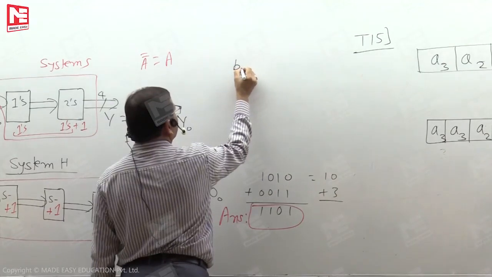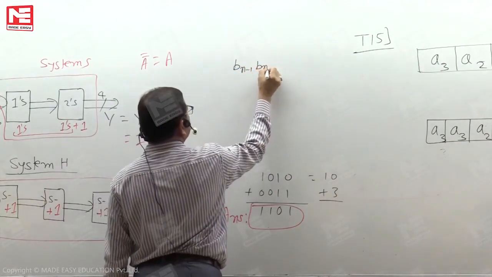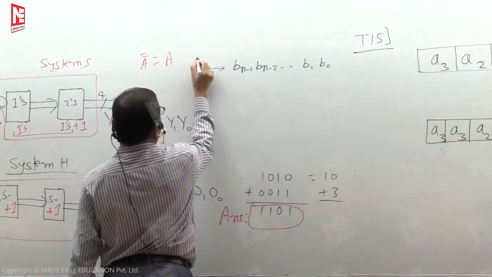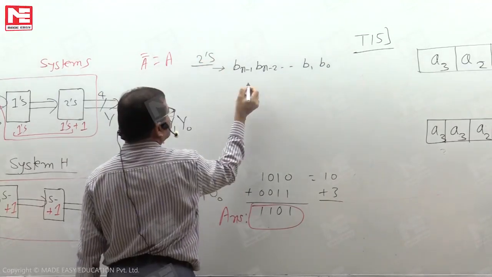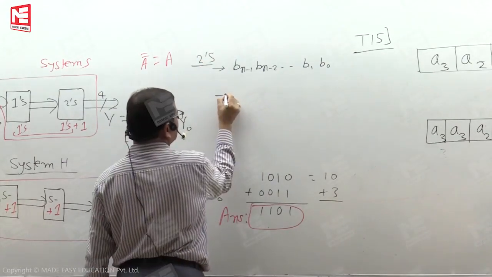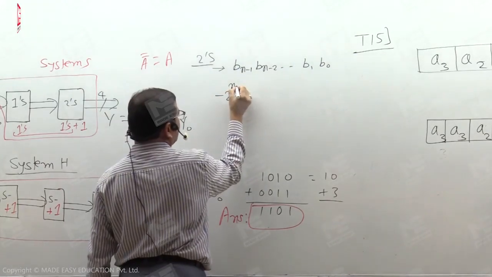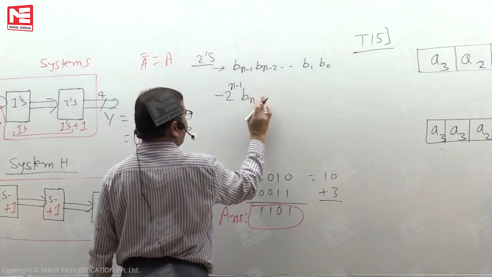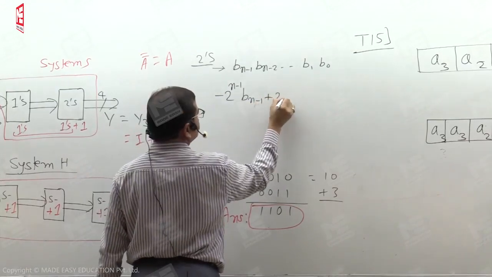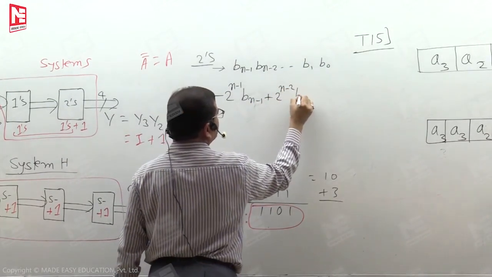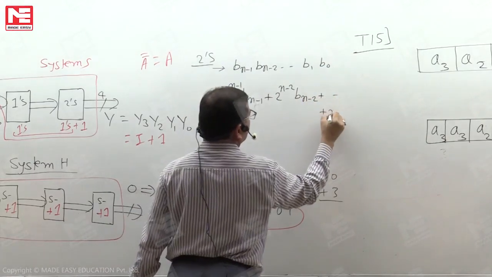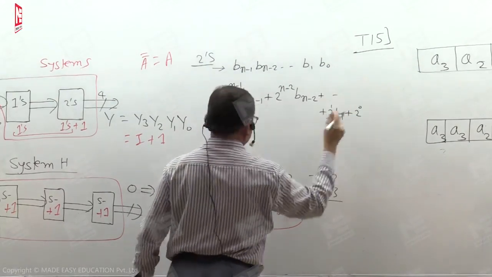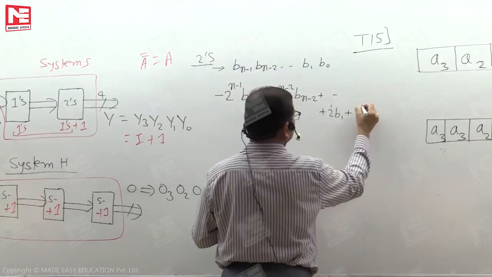When I have a number with n bits, b(n-1), b(n-2), and so on, b1, b0, and this number is in the 2's complement form, its equivalent decimal value is given by minus 2 to the power of n-1 times b(n-1), plus 2 to the power of n-2 times b(n-2), and so on, plus 2 to the power of 1 times b1, plus b0 times 2 to the power of 0. This is the equation you can see in your notes.